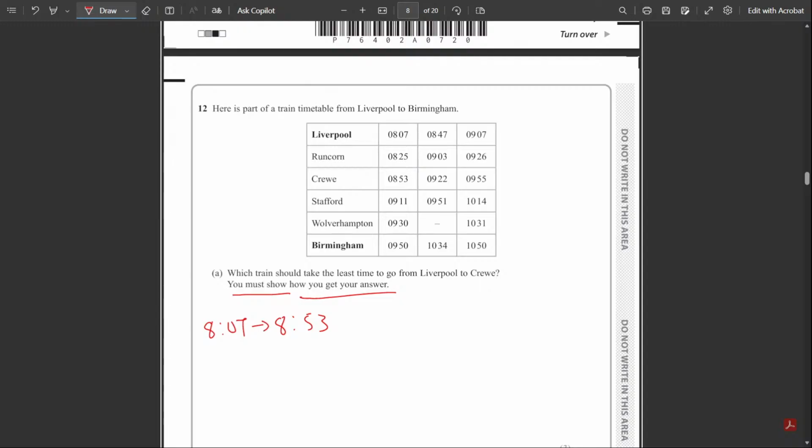We're going to add 6 minutes, so that takes you to 13. And 13, then 40 more minutes takes you to 53. So 6 and 40, 46 minutes that it takes to get to Crewe for the first train.